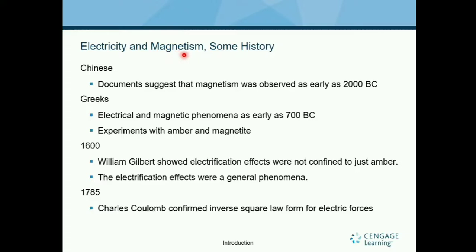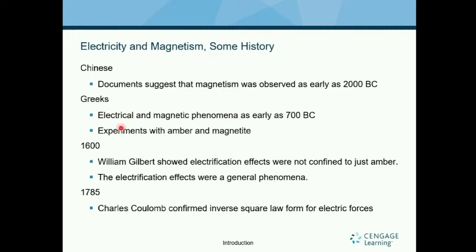Well, electricity and magnetism have some history. For example, documents suggest that magnetism was observed as early as 2000 BC. If you read in the newspaper or some other textbook, I assume you would know that in the early days, the Chinese used magnetism to guide the directions in sailing.